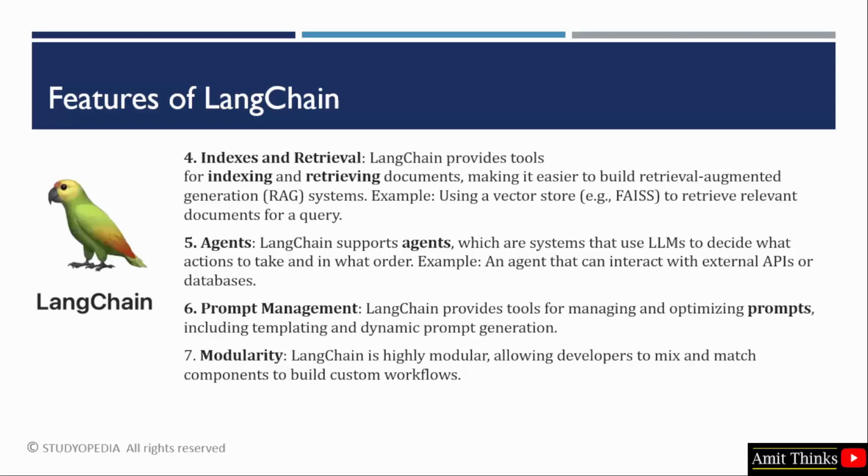Like an agent to ease the sales work, an agent that can interact with external APIs or databases. LangChain also provides tools for prompts so that you can easily manage and optimize prompts. LangChain is modular, that allows developers to mix and match components so that custom workflows can be easily built.